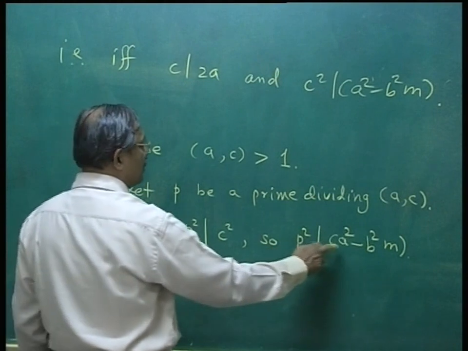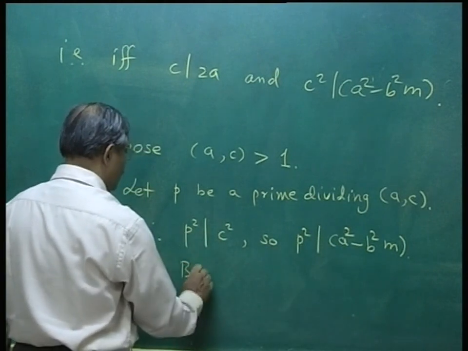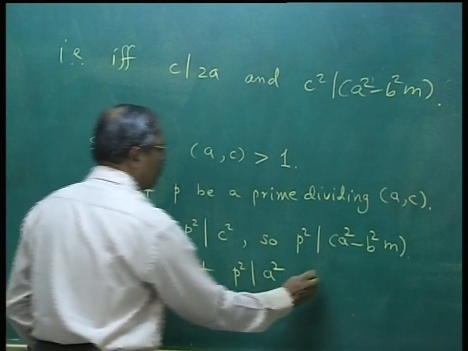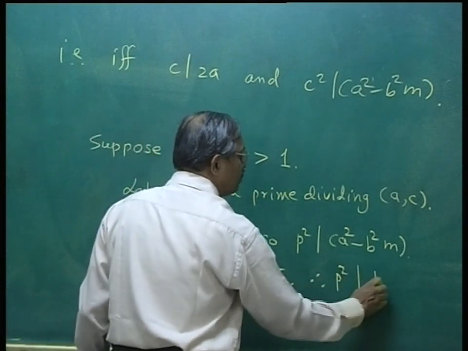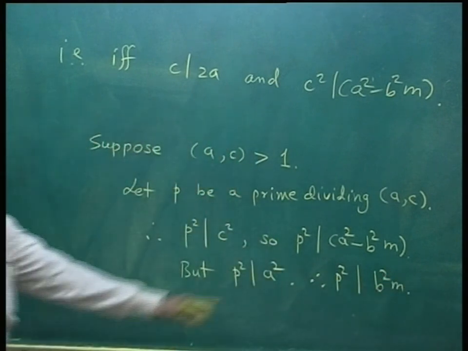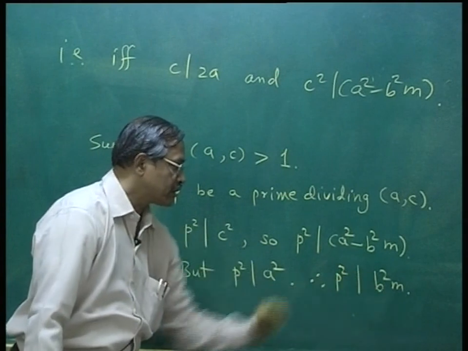But p square already divides a square. Therefore, p square divides b square times m, the other term, b square m. But m is square free.